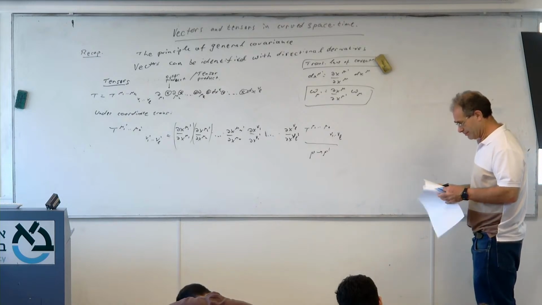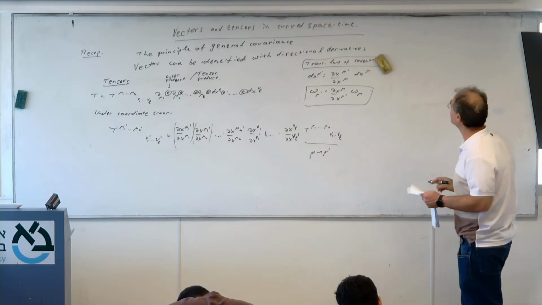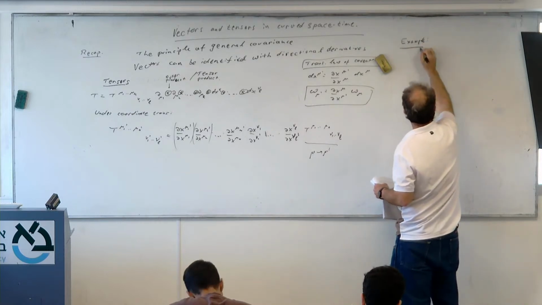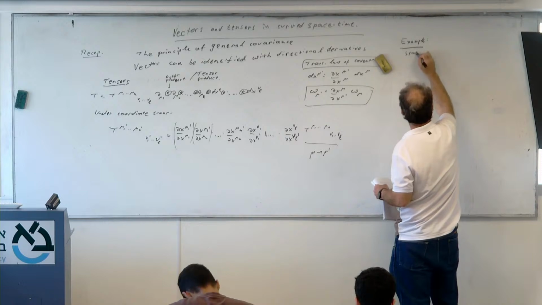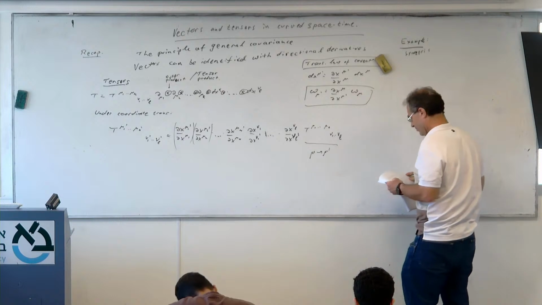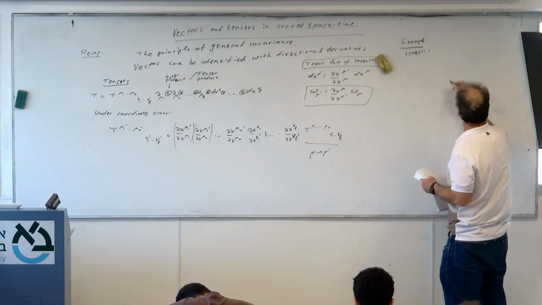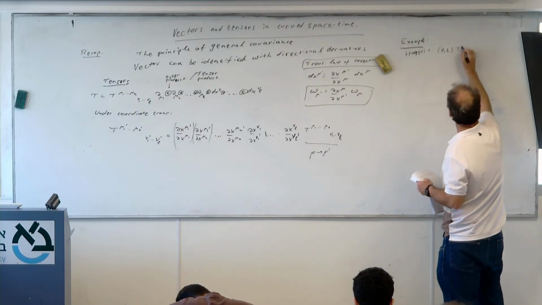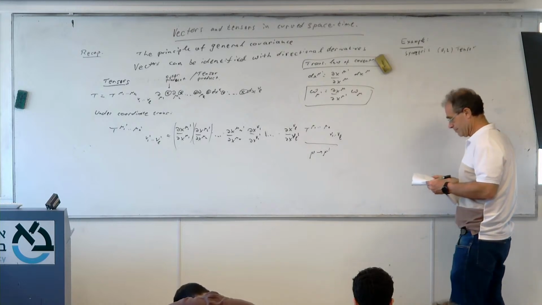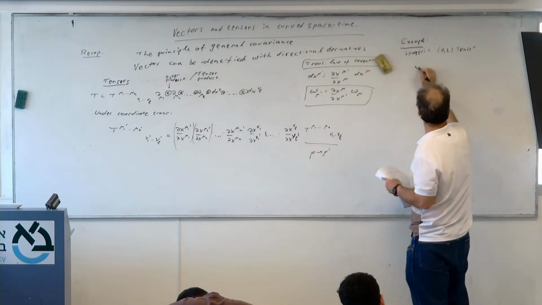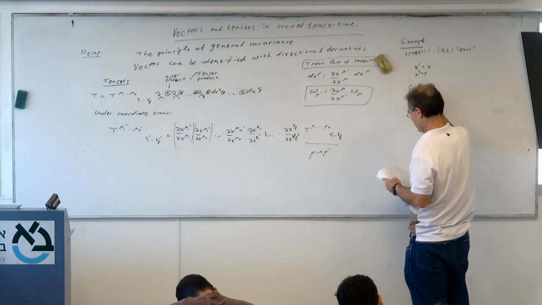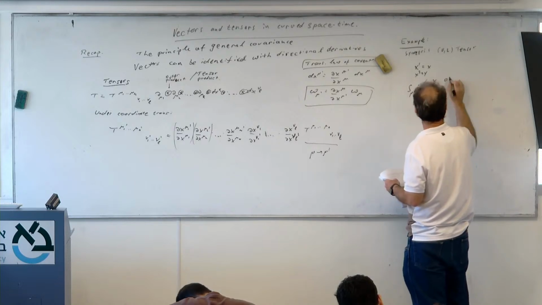So for an example, I consider a symmetric 0,2 tensor, where x1 is x and x2 is y, and S_{mu nu} is just x, 0, 0, 1.